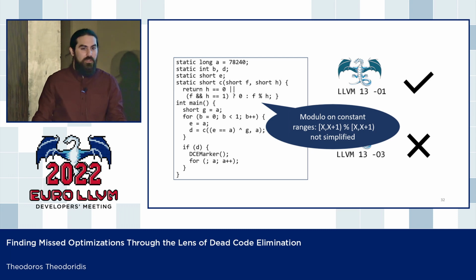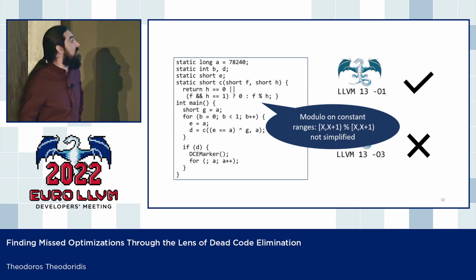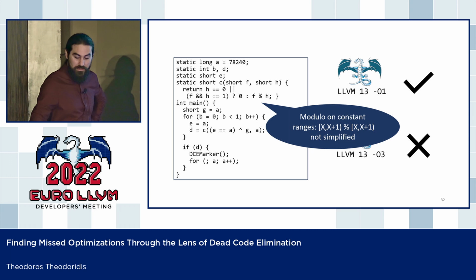This was really an omission, because similar simplifications existed for other binary operators, such as logical AND, but somehow modulo was forgotten. And this is yet another example of how we can use a lower optimization level to figure out what the compiler already knows, but somehow at O3 it gets stuck. So we can use this to find such cases.